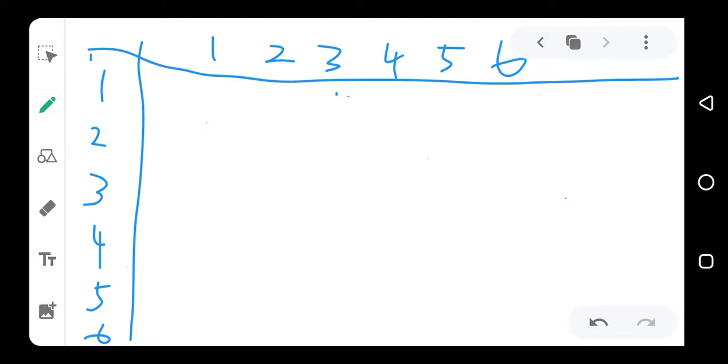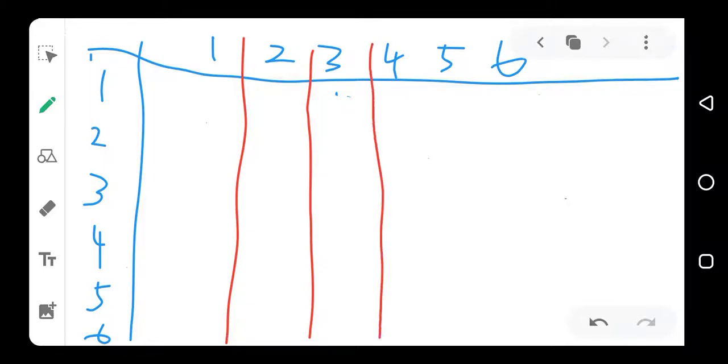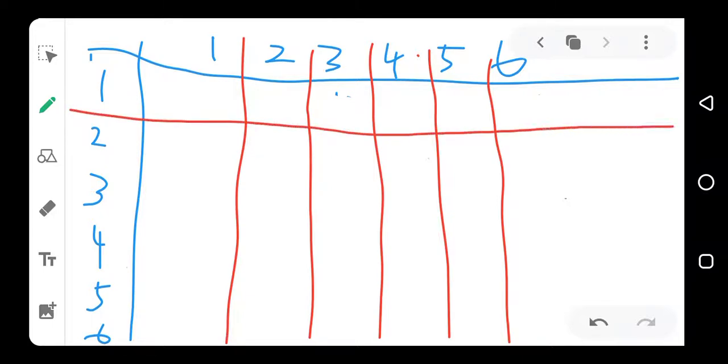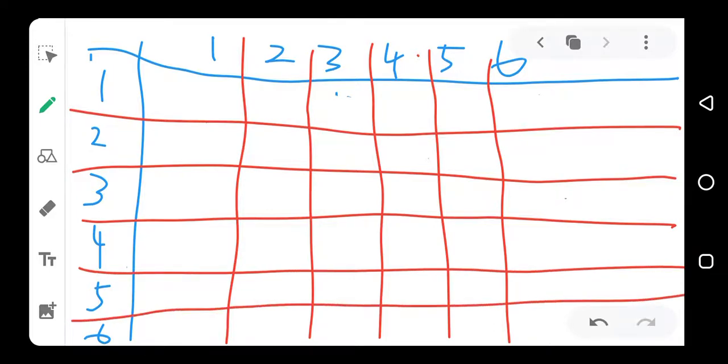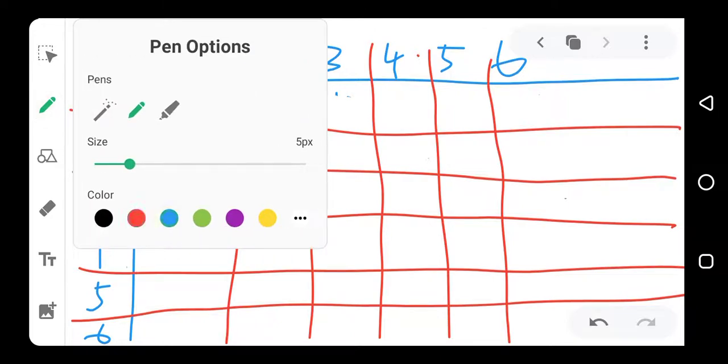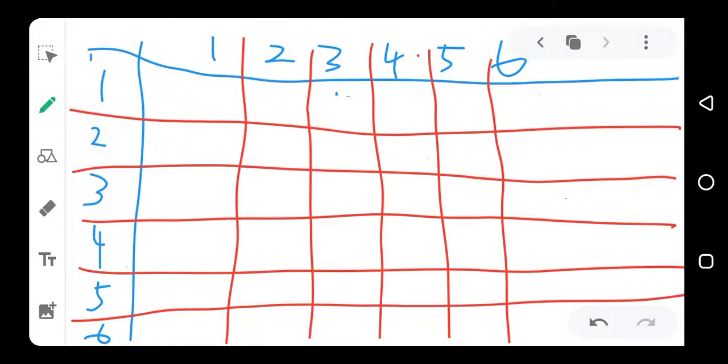Let me draw lines to separate them, just to make it look more tidy. Okay. Now under for 1 we put it here.